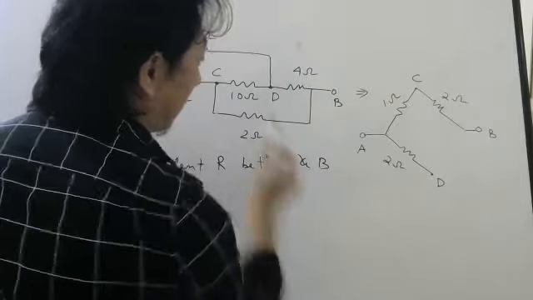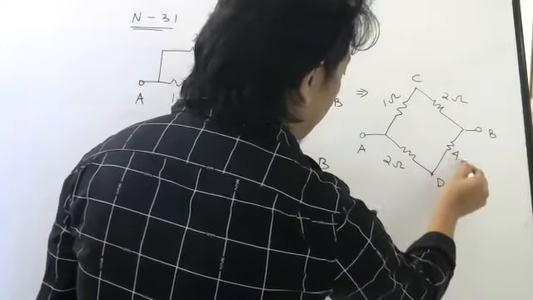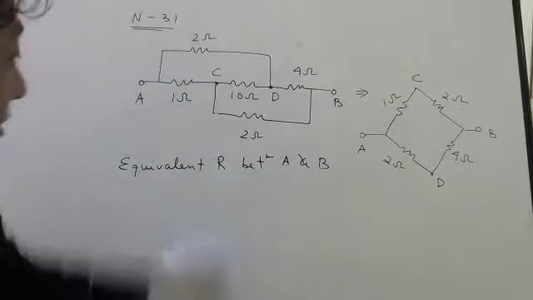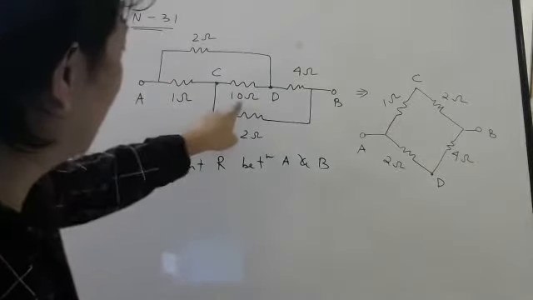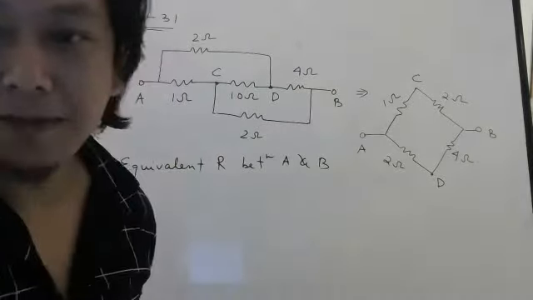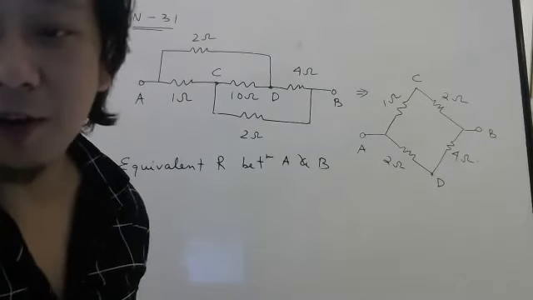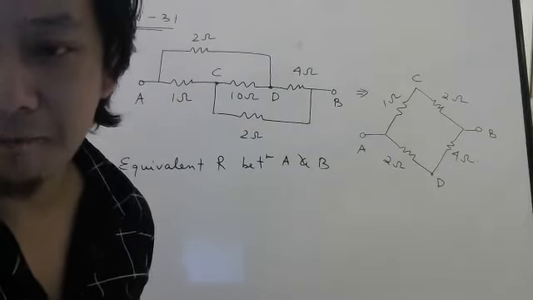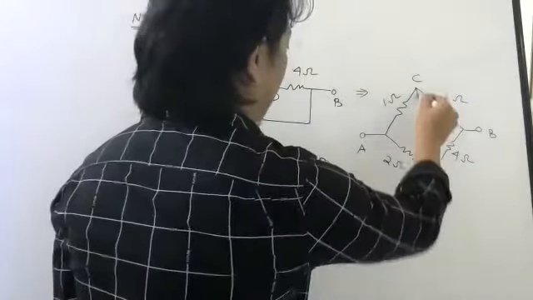D and B. Where is this 10 ohm? Can you tell me where this 10 ohm is here? Sanjay, make your comments public. It is between C and D, in the middle.